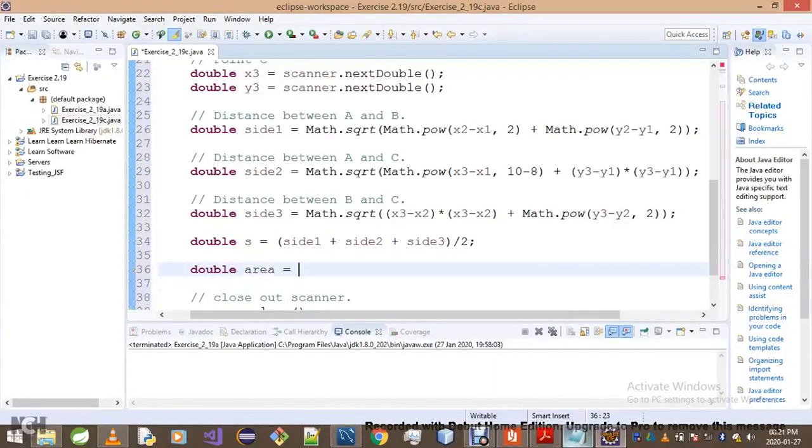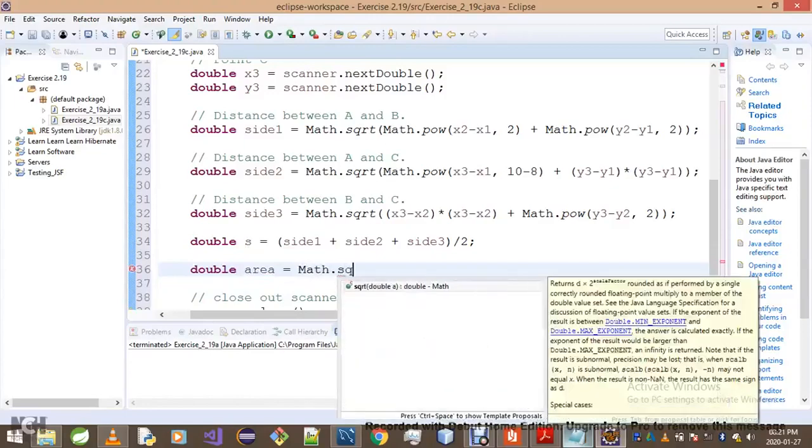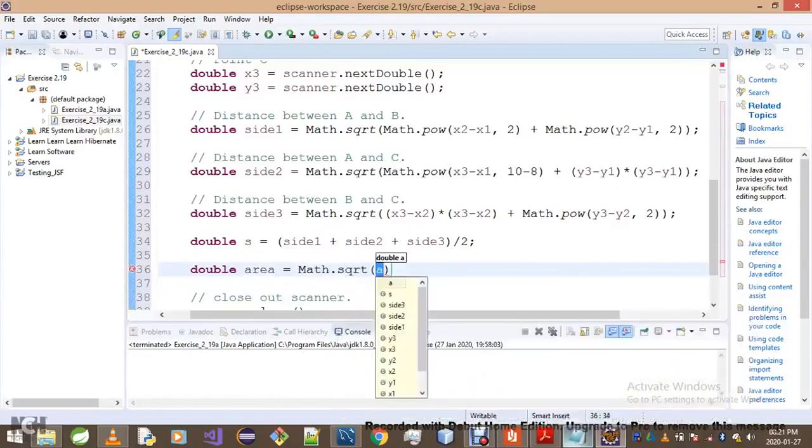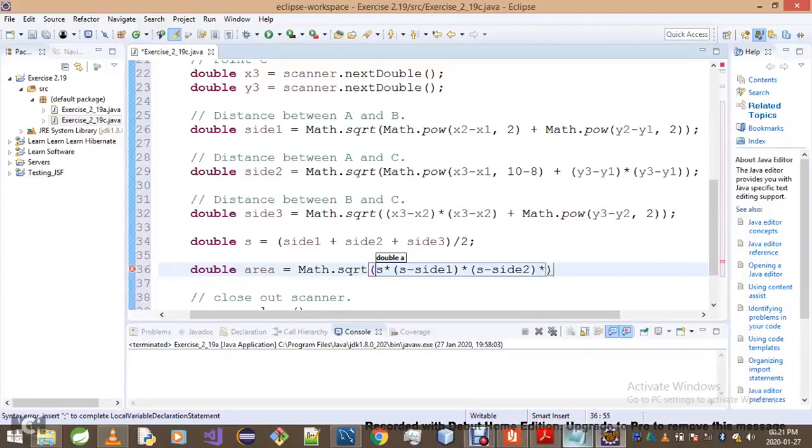So its area is simply the square root of s into s minus side 1 multiplied by s minus side 2, multiply that by s minus side 3.